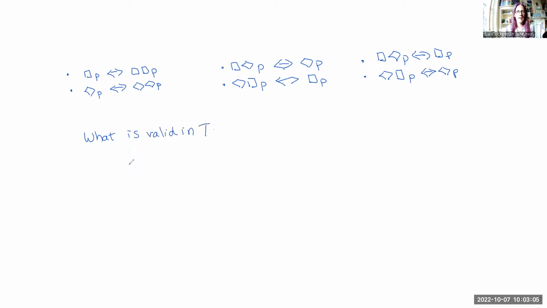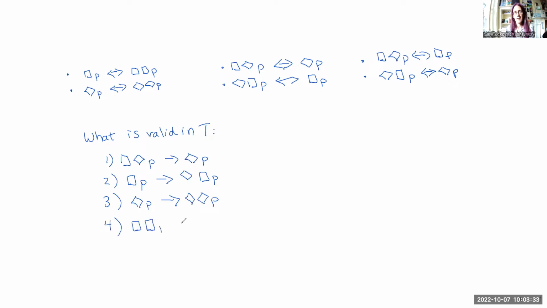These ones are all valid in T. We have that necessarily possibly P implies possibly P. We also have that necessarily P implies possibly necessarily P. We have that possibly possibly P implies possibly P. And we have that necessarily P implies necessarily necessarily P.